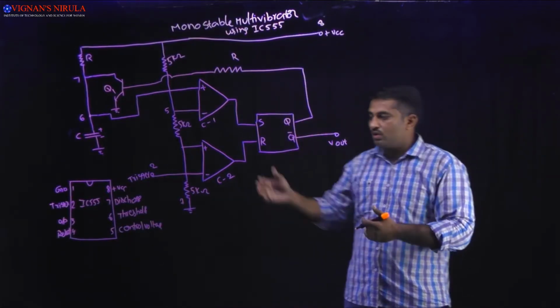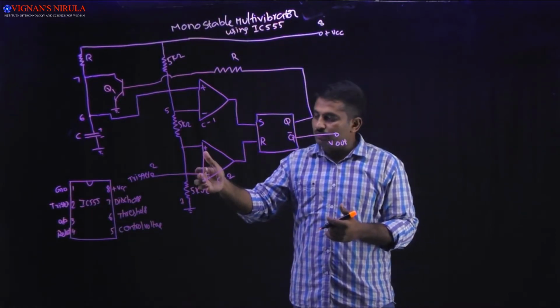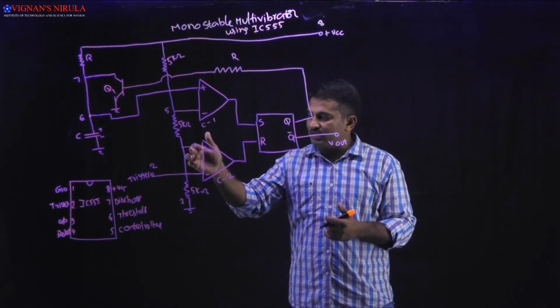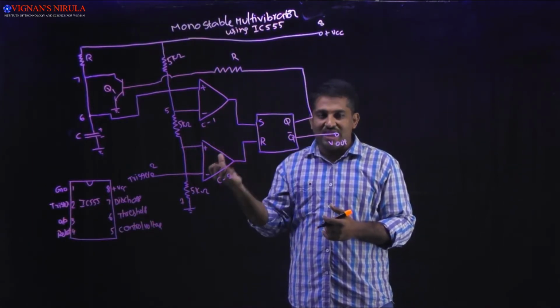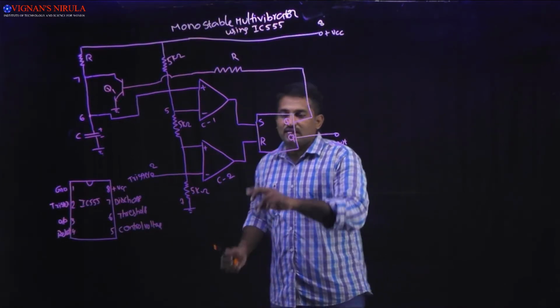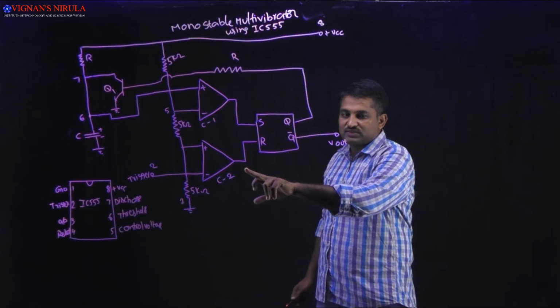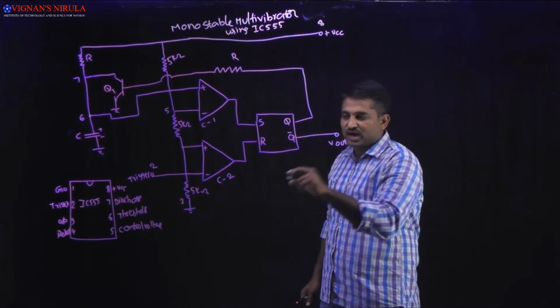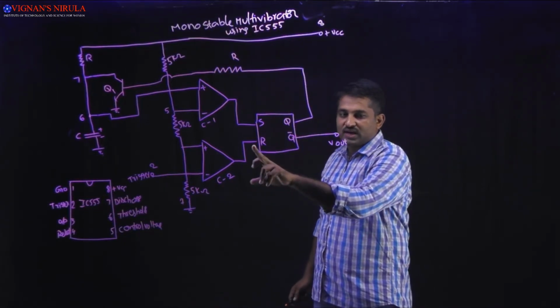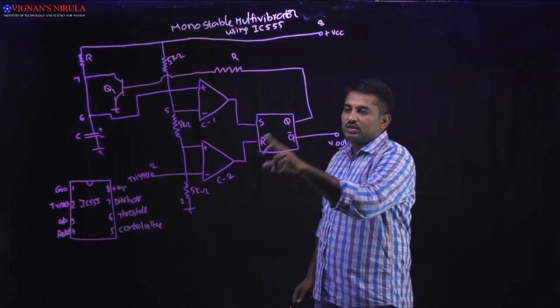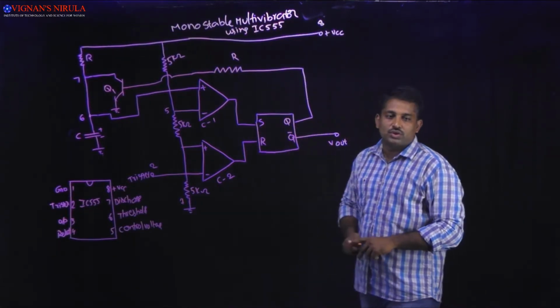Once the trigger input is less than this 1/3 VCC voltage, immediately the output of comparator 2 will be plus Vsat. Plus Vsat we consider as 1, and we apply 1 at R. So if S is equal to 0, then immediately Q goes to 0.